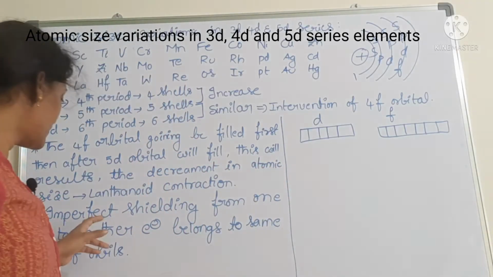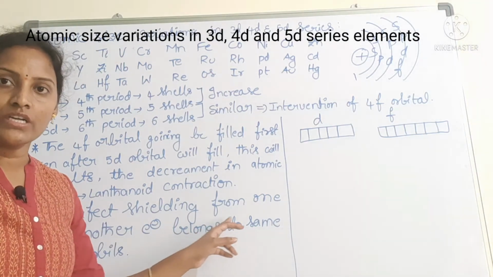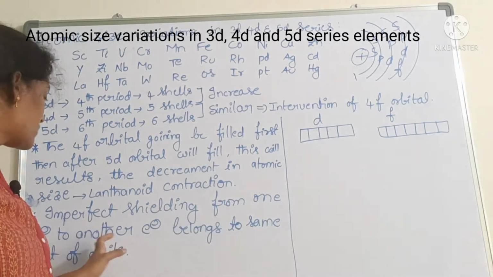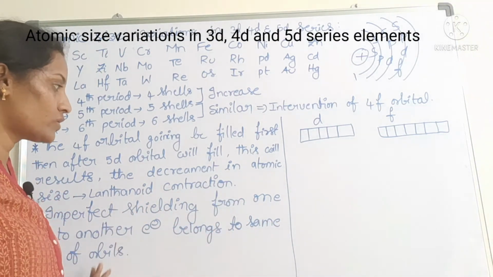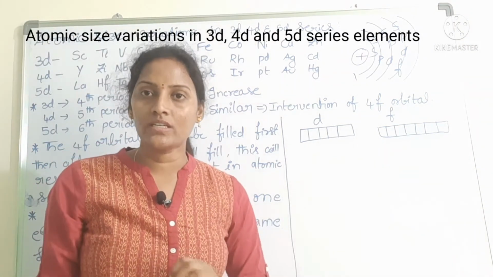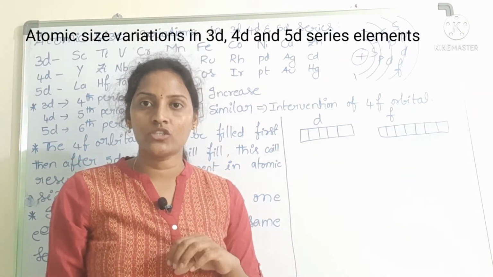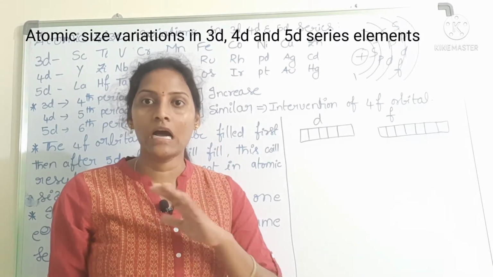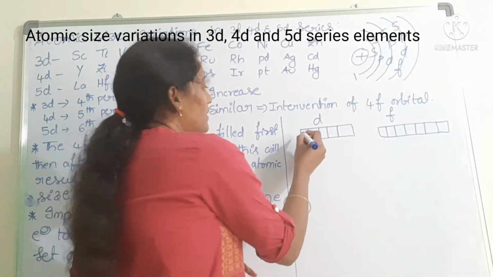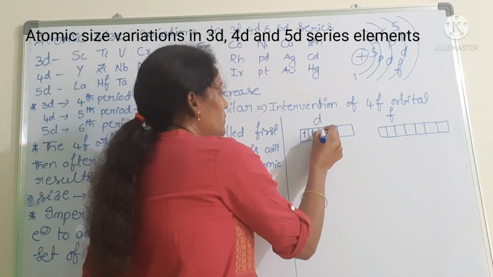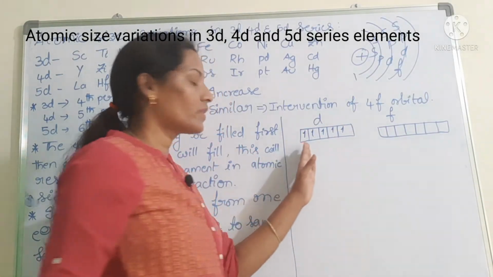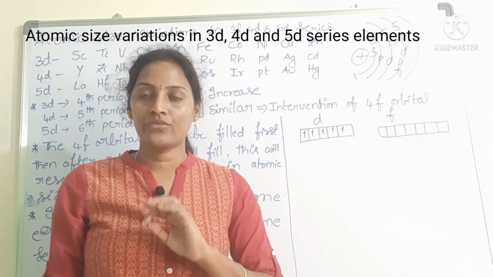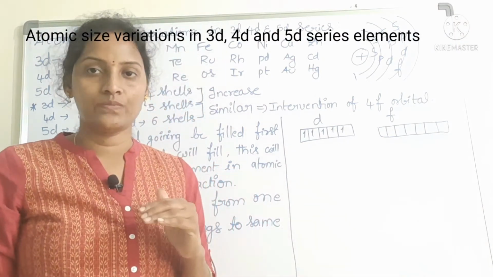So what he said here is the imperfect shielding from one electron to another electron belonging to the same set of orbitals. Generally, orbitals are filled first partially, the half filled configuration. See here, 1, 2, 3, 4, 5, all orbitals are filled with one electron each.